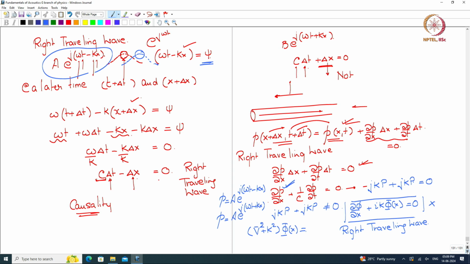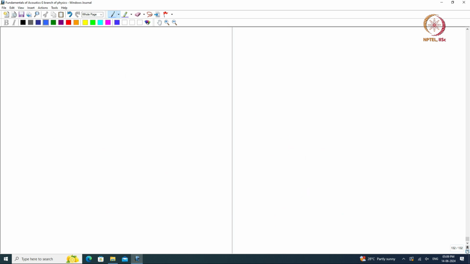So let me just give an example here. We have an infinite duct, with a piston at the left end, so I have a piston at this end and an infinite duct.